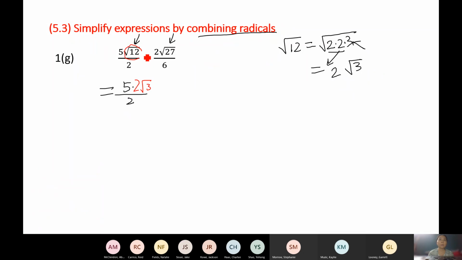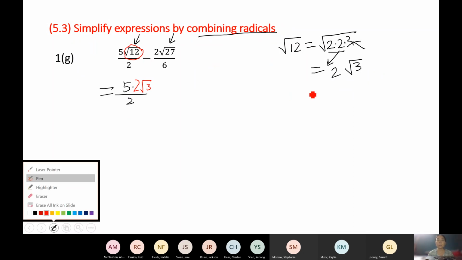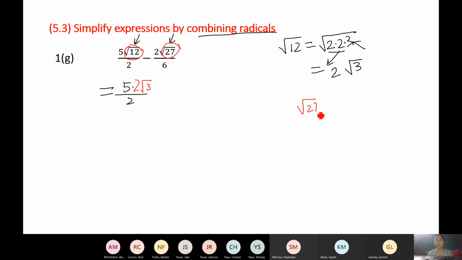Okay, so I just simplified the square root of 12, and I got 2 square root 3. Similarly, we should simplify square root 27 and break it down 3, 3, 3.